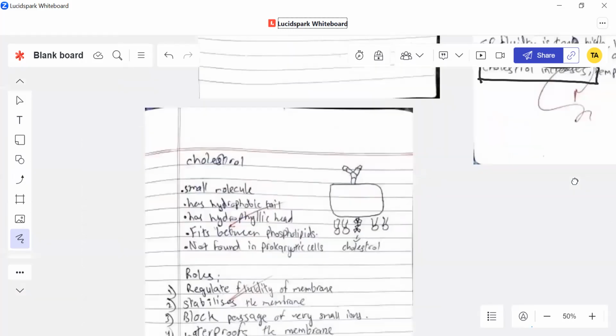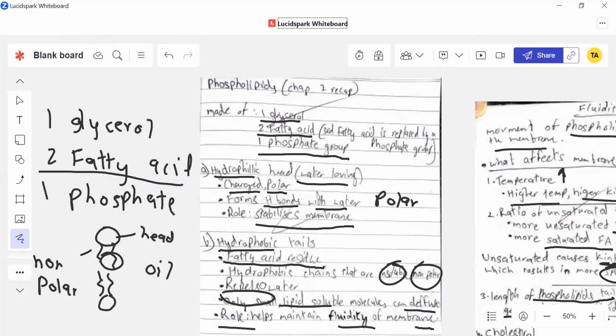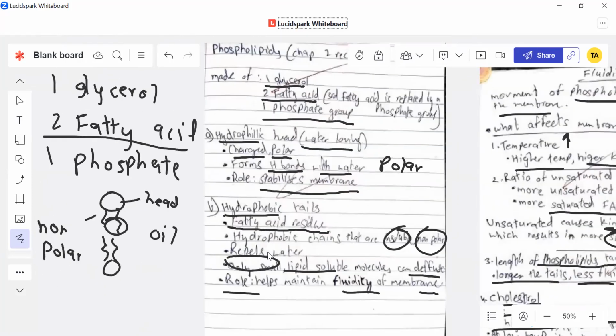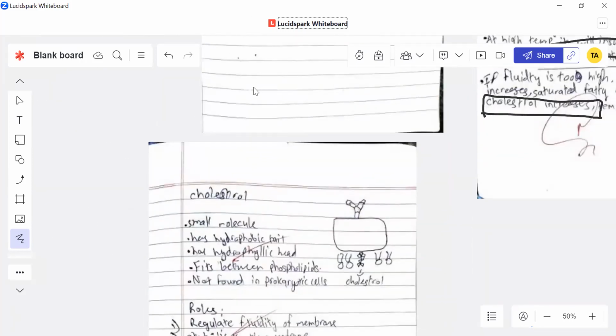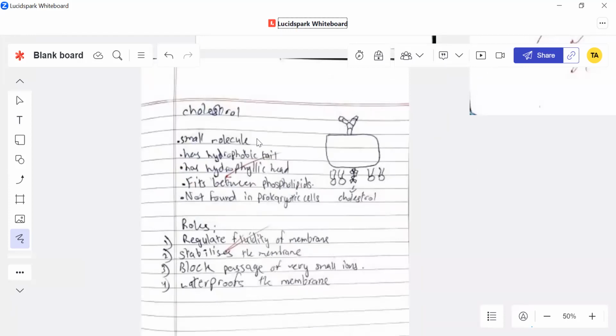That was fluidity. Now, I did phospholipids. That was the first compound that makes up the cell membrane. The second compound that makes up the cell membrane is called cholesterol. This is a cholesterol, and it's a small molecule. What is the role of cholesterol?